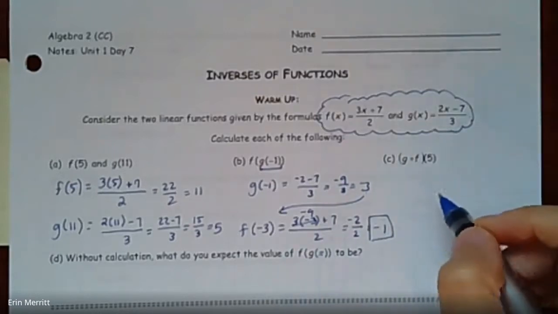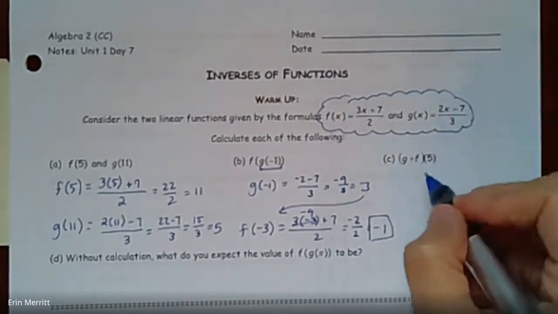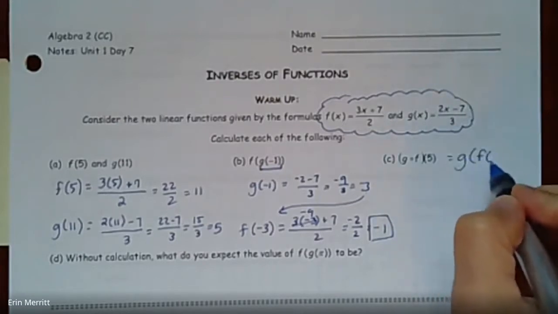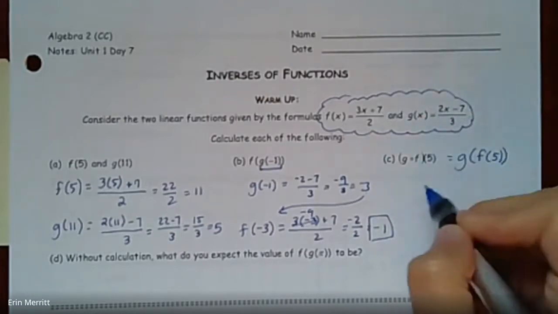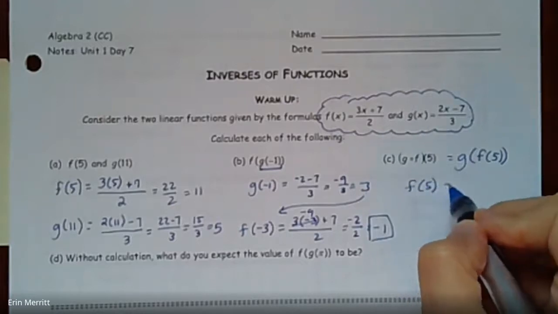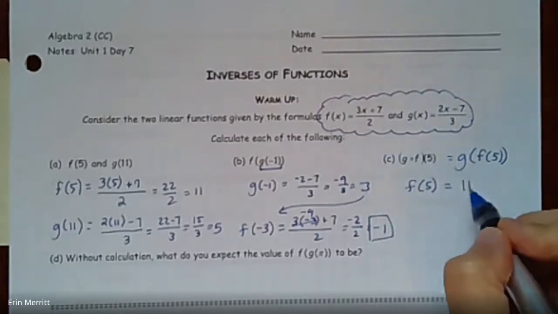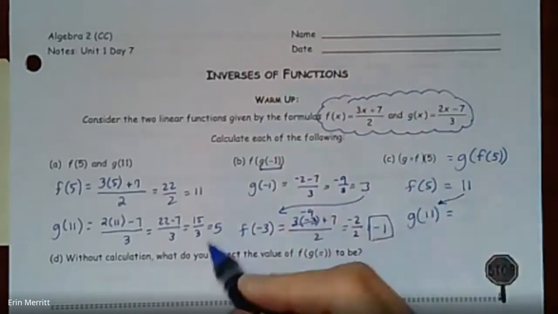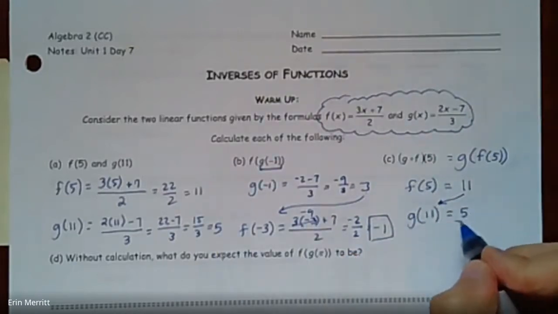The last one, where it looks like g of f, we know that's another composition. So g of f of 5. But if you look, you already did f of 5 in example A. That came out to be 11. Now if we do g of 11, that you already did, comes back to be 5.